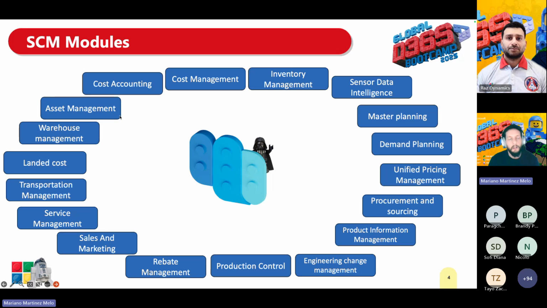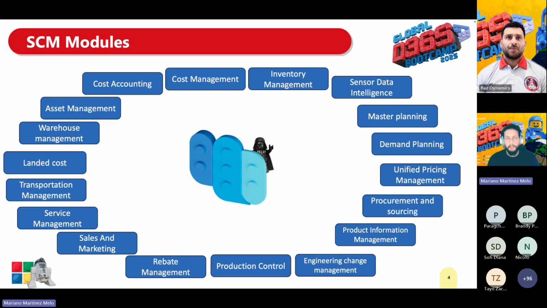This module is oriented to all the asset maintenance, with maintenance plans, and is integrating with a lot of modules. We will see this in a minute. We have cost accounting as part of the SCM module, which allows us to give a different perspective of the accounting for manufacturing and all the operations on the shop floor.